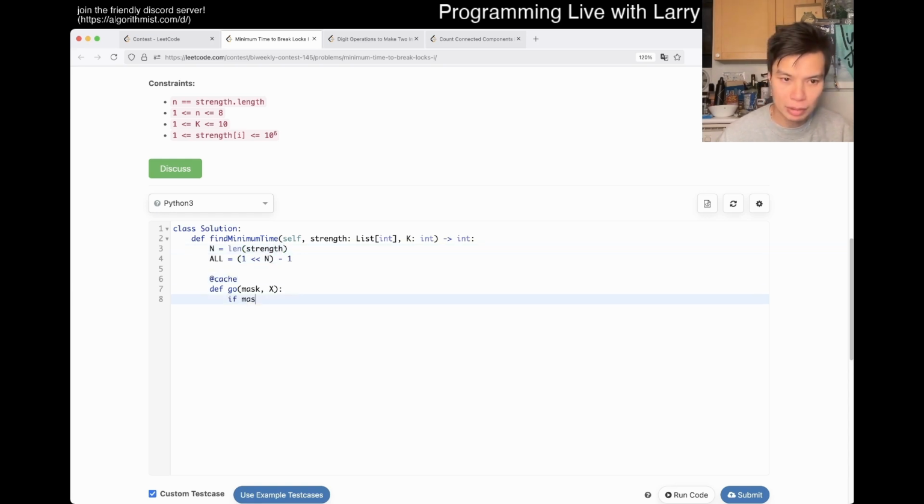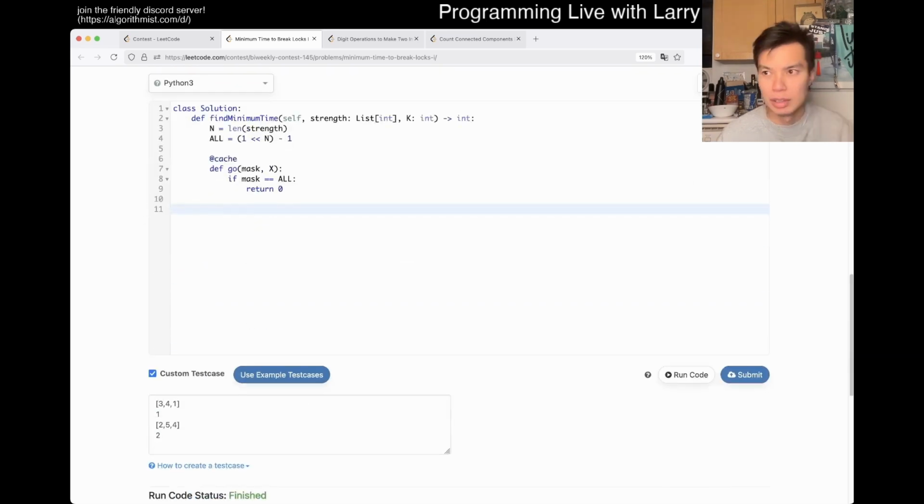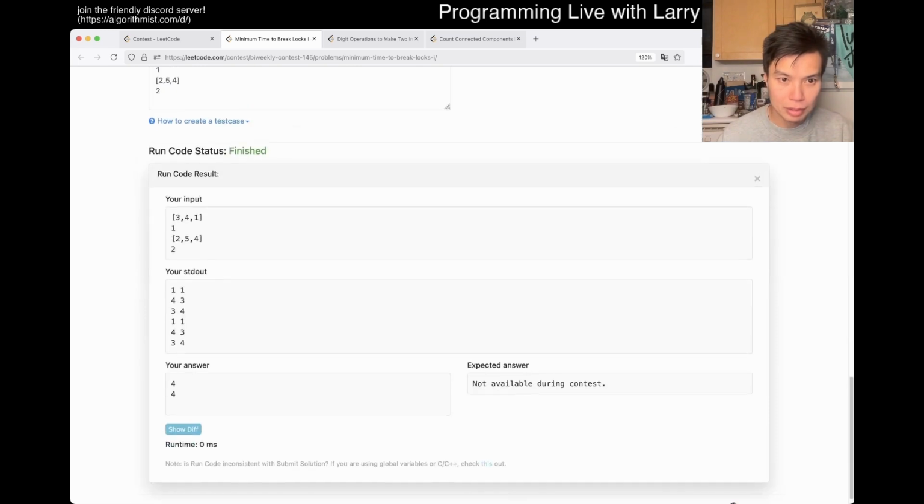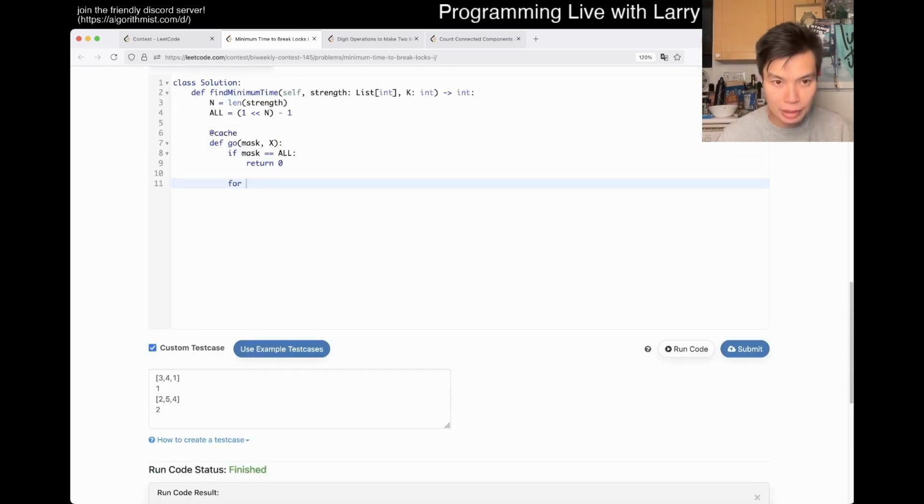Okay, so if mask is equal to all, then we just return 0. I think we're good there. Otherwise, X only changes whatever, right? So what am I doing? For j in range of n, if, oops, the other way.